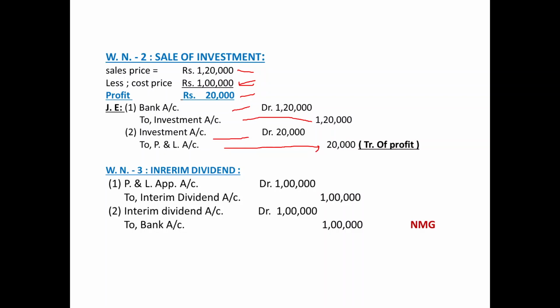In between the year, at any point in time, if the board of directors and management think that business is going very well, the company is earning a good profit, and simultaneously the company is having a very good cash position also, because dividend is to be paid in cash. So with profit you need a good cash position also.